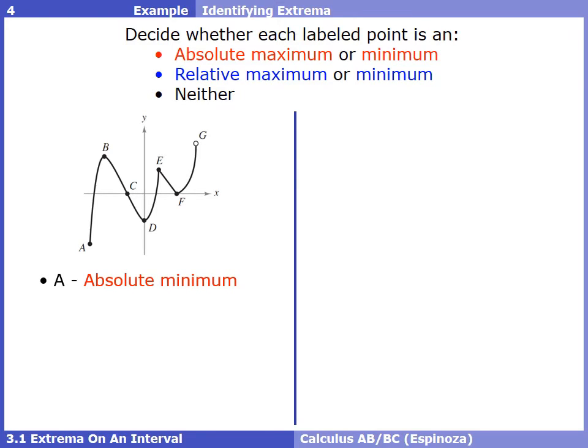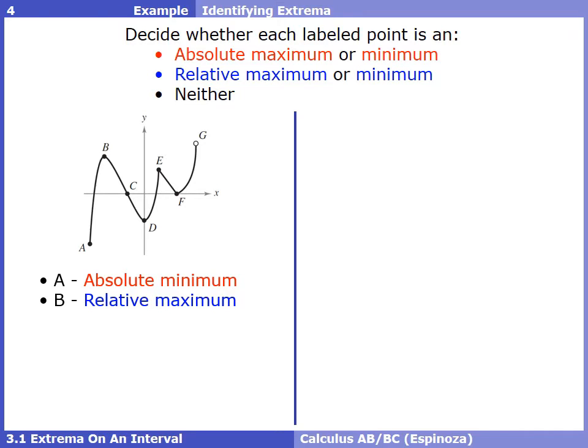So what about point B? Well, point B we can see right away is a hill, so it's for sure a relative max. But is it also the highest point on our graph? Well, you can see that there are points above B. So all we know about point B is since it's a hill, it is a relative max. What about point C?